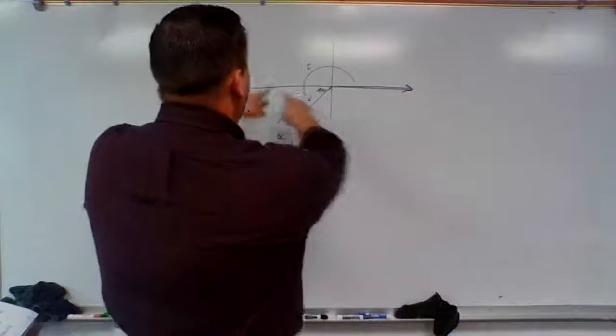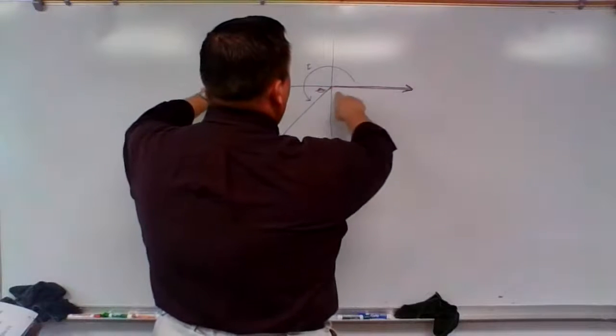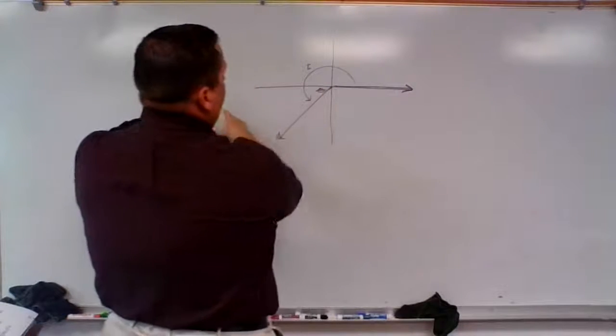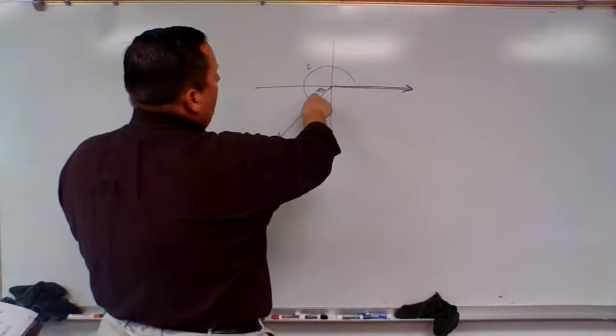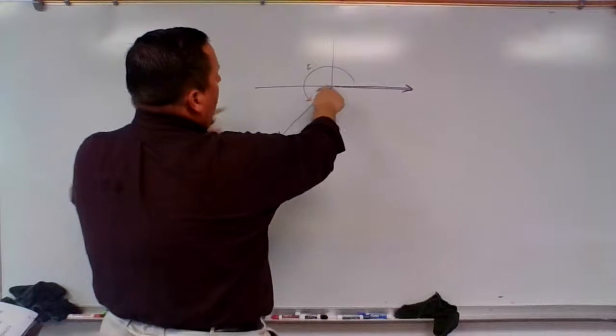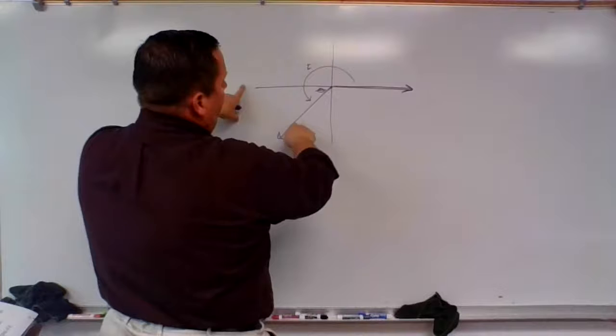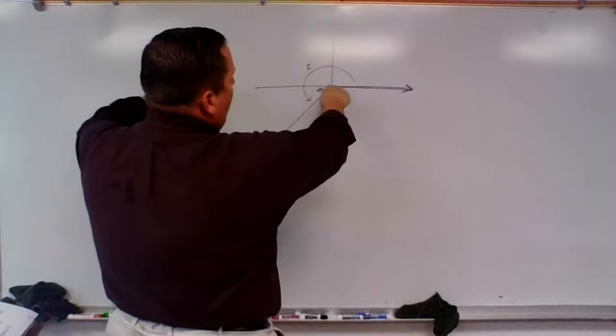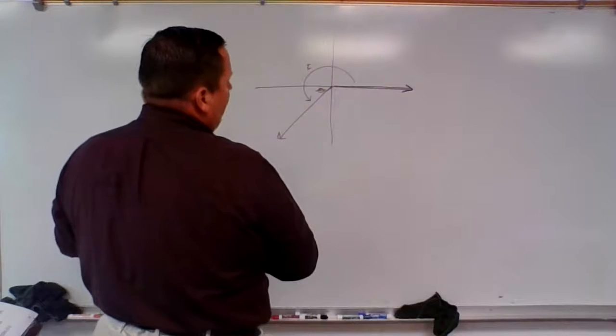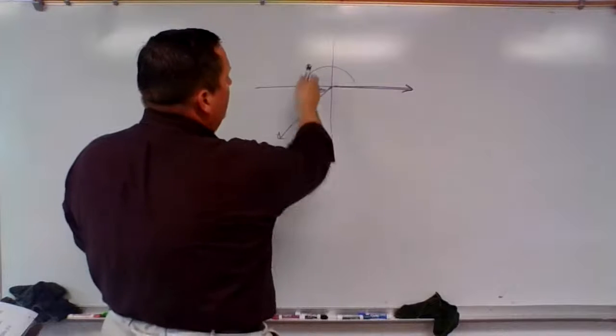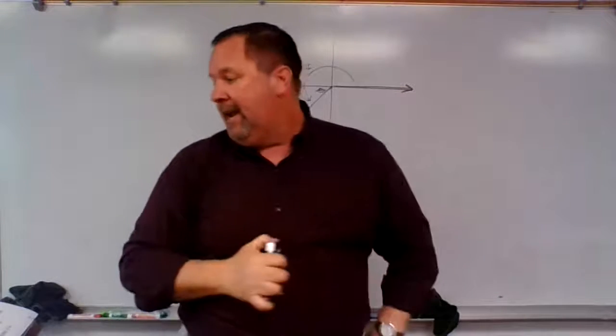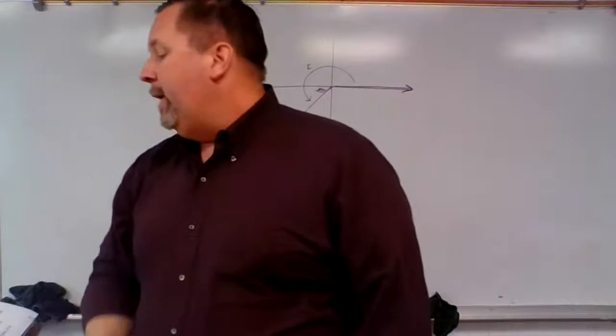Have a look up here. Here's the x-axis. On this side it's positive, this side it's negative. But this angle over here is formed by the terminal side of the angle and the x-axis, in this case, the negative x-axis. That's called a reference angle for angle T. It's always positive.